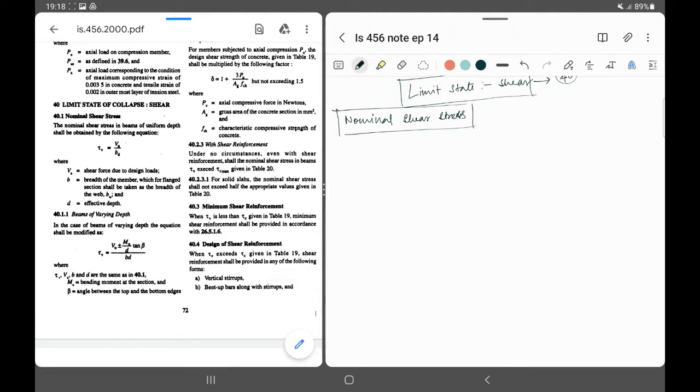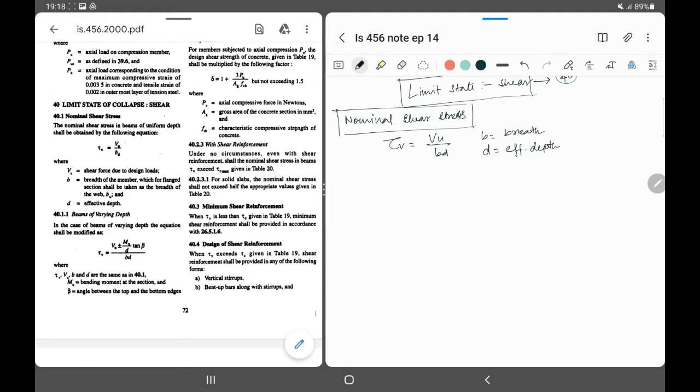The nominal shear stress in a beam, that is tau v, is Vu by bd, where b is the breadth and d is the effective depth.